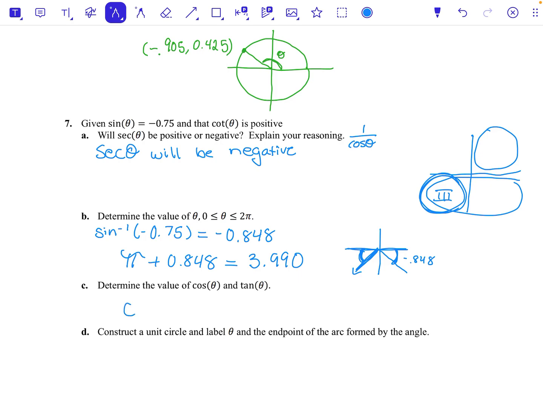And the nice thing about this next part, when I'm looking for cosine of 3.99, is that this is my check: did I do everything right? So cosine should come out negative, and it does, negative 0.661. And then tangent, which is the reciprocal of cotangent, should come out positive, and it does, with a 1.134.